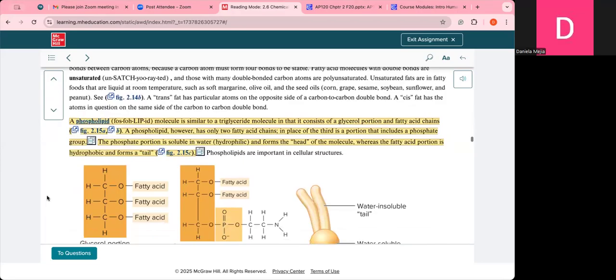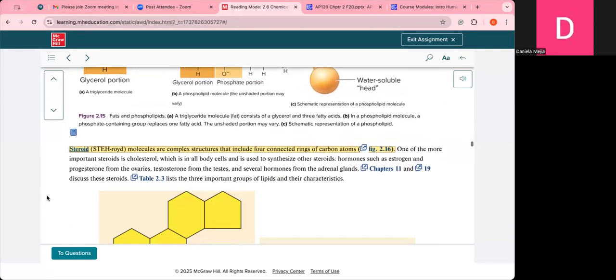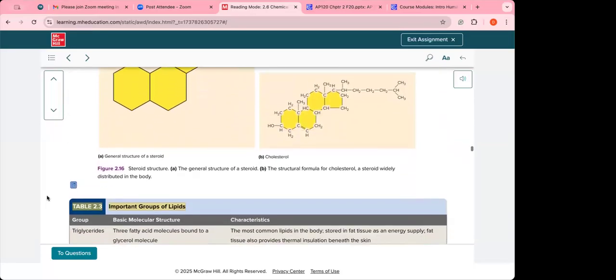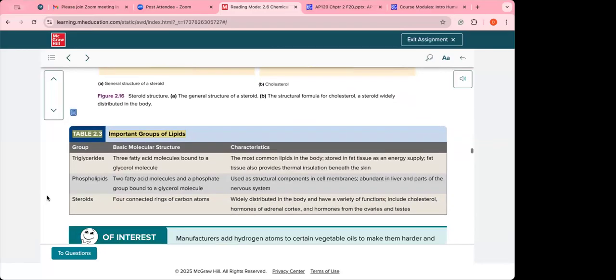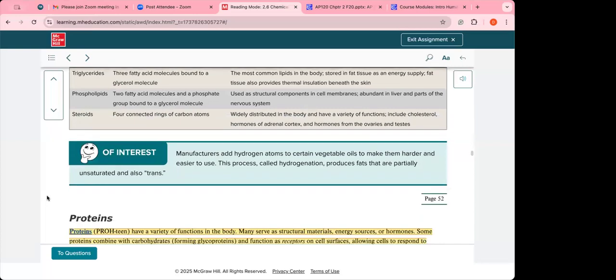This is about fats, phospholipids. Let me see if I can find something. I don't see anything about blood in here.